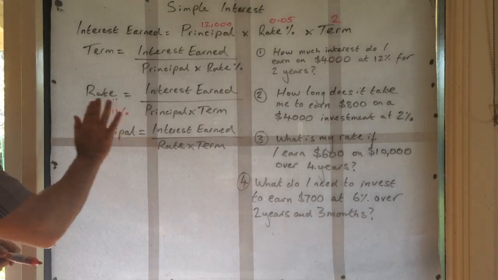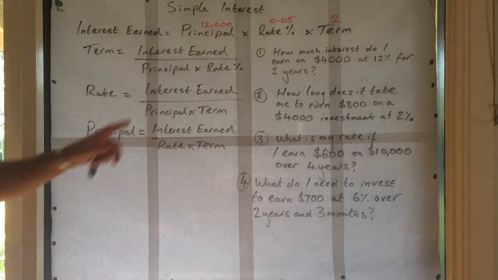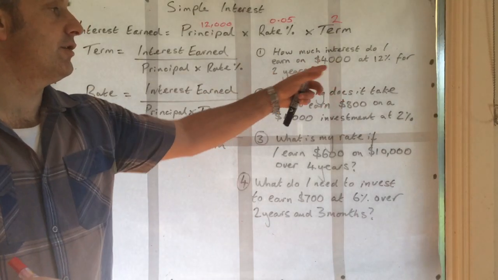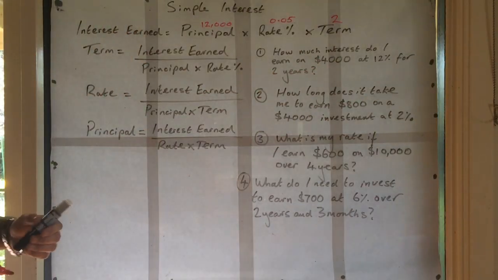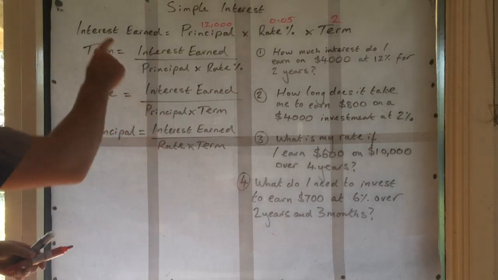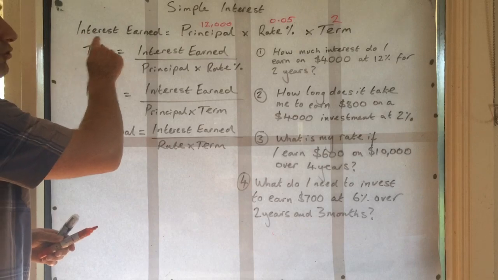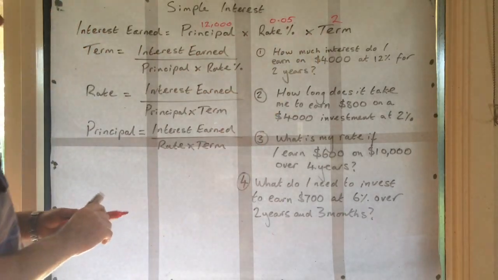So let's have a look at the first question. It says, how much interest do I earn on $4,000 at 12% for 2 years? So we need to work out how much interest, and I'm going to use this formula here.